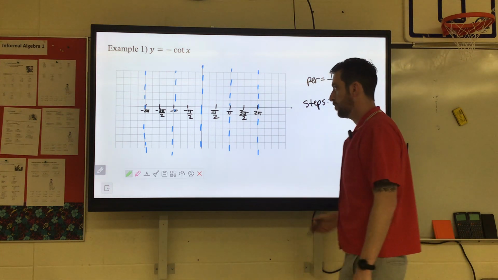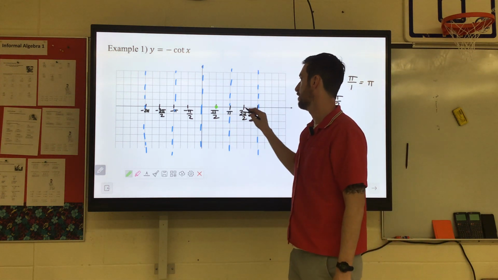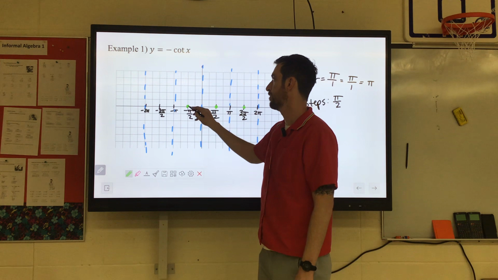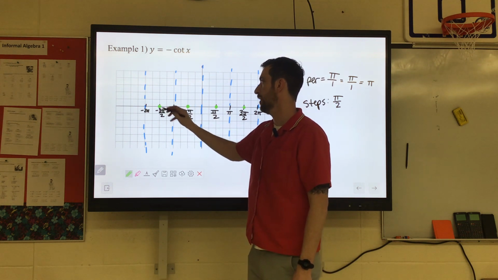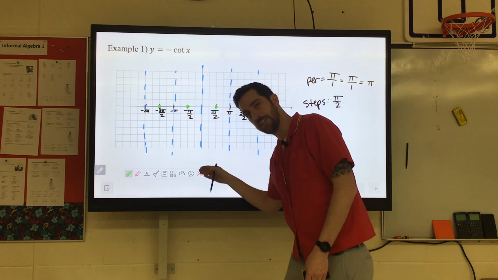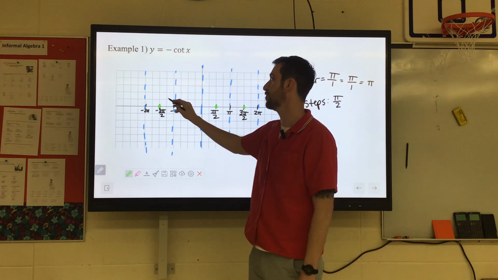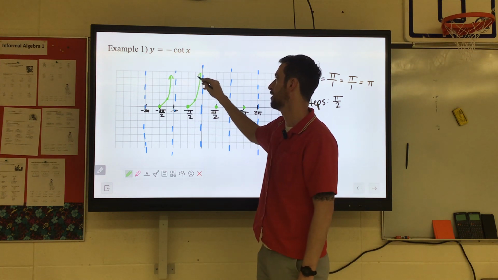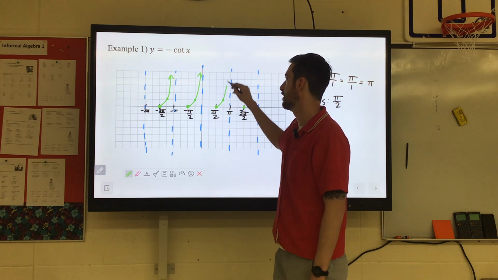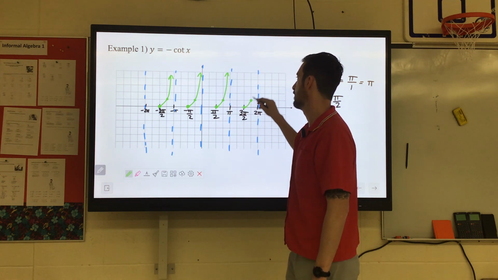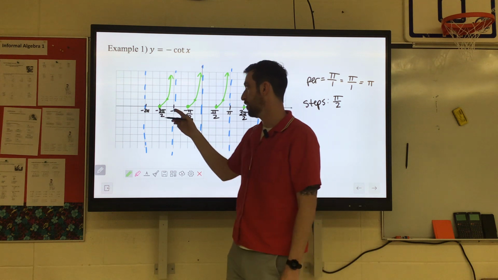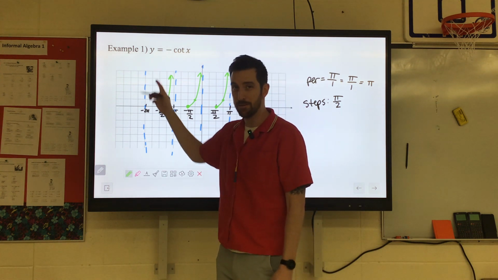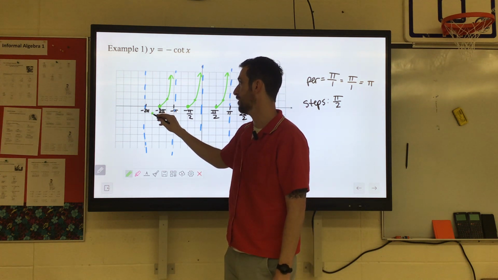We'll find our center point. And cotangent typically goes down and right, but this is a reflection, so it's going to go up and right. It typically would go left and up, but this is reflected, so it's going to go left and down.